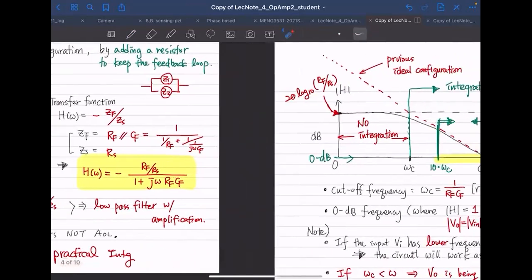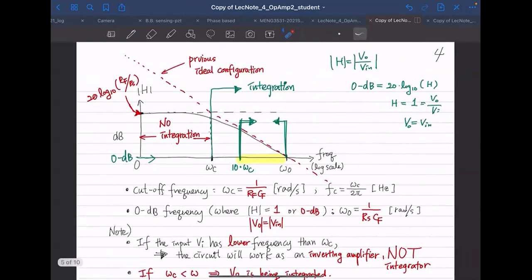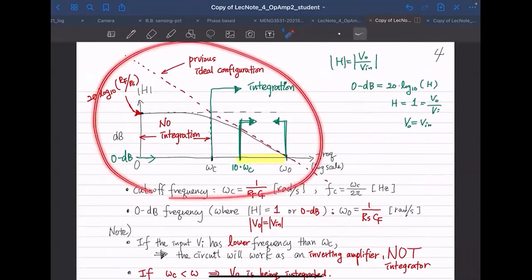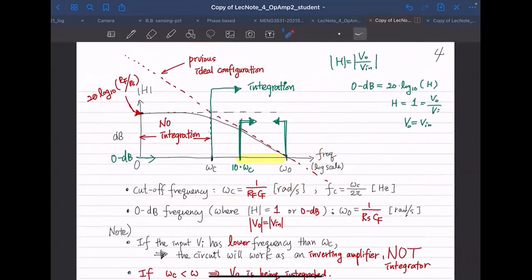And for that practical integrator, we talked about this graph where this line here is the ideal integrator frequency response. The problem was at very low frequency, when the excitation frequency is almost 0 hertz, or like a DC, then this shoots to infinite, which is not possible. We cannot have infinite output in real life.